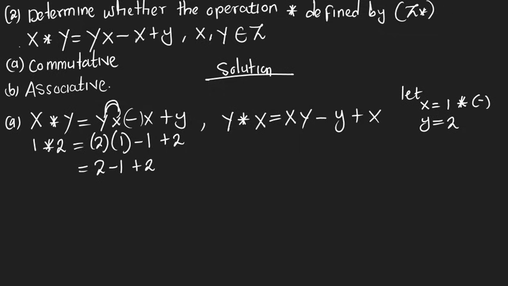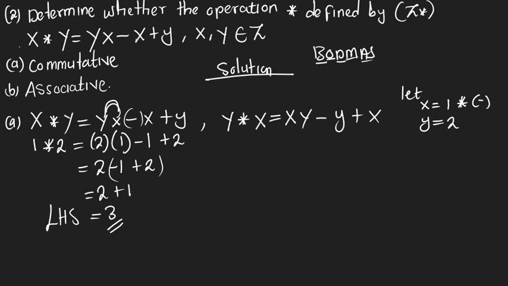From Bodmas, brackets, division, multiplication, addition. So addition comes first. So this is going to equal 2 plus 1, and that is going to be a 3. So we can say left hand side is a 3. Let's try to do the right hand side.